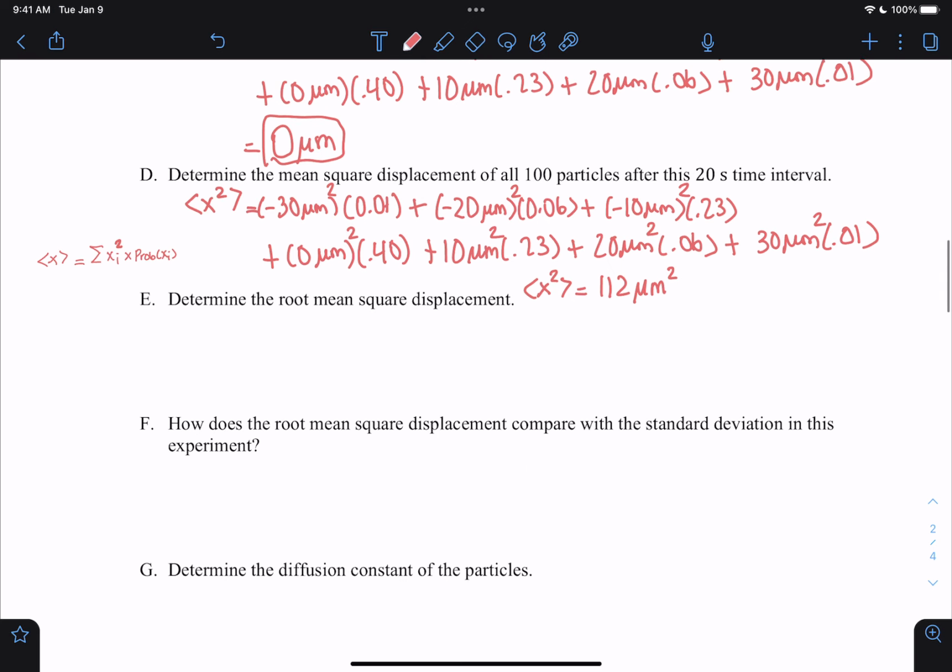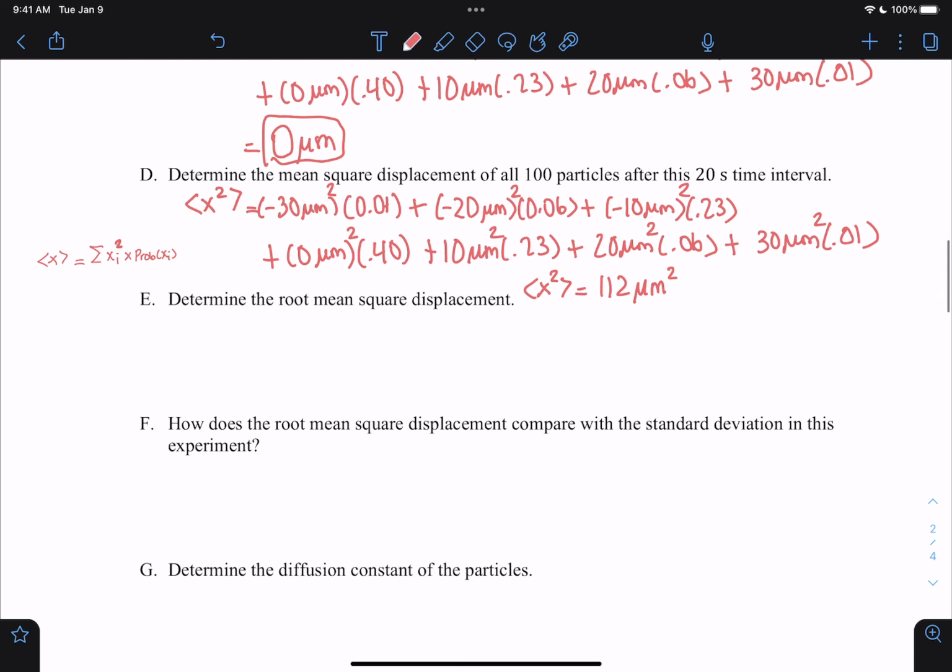10.6, yep. So x RMS is the root mean square displacement, and that's going to be the square root of our mean square displacement. So root mean square displacement, think root of your mean square displacement. And your mean square displacement is x squared with the exponent on the inside of the brackets.